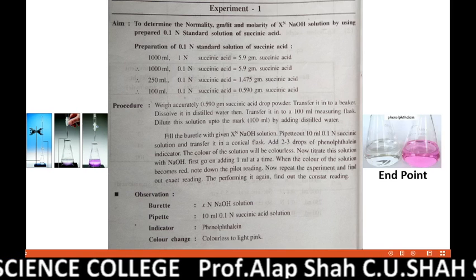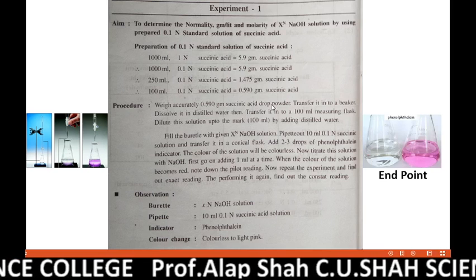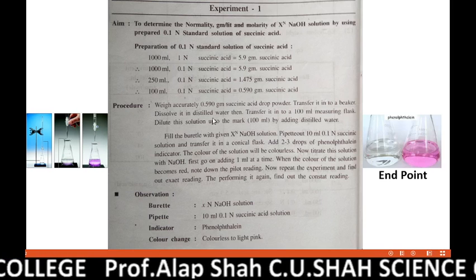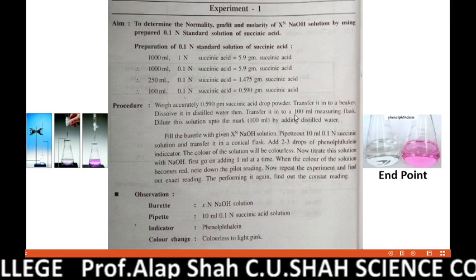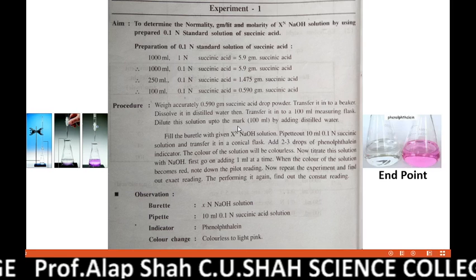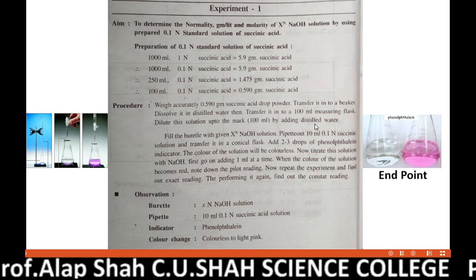So let us read the procedure. Weigh accurately 0.590 gram succinic acid powder, transfer it into a beaker, dissolve in distilled water. Now transfer the mass into a 100 ml measuring flask, and dilute this solution up to the mark by adding distilled water. All these things I have discussed.